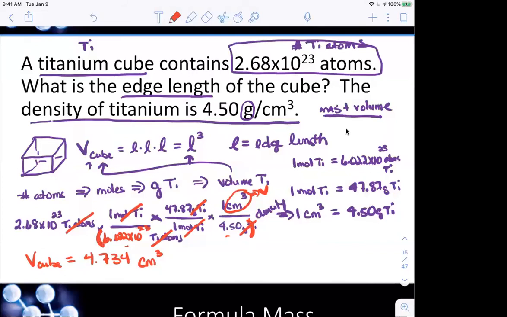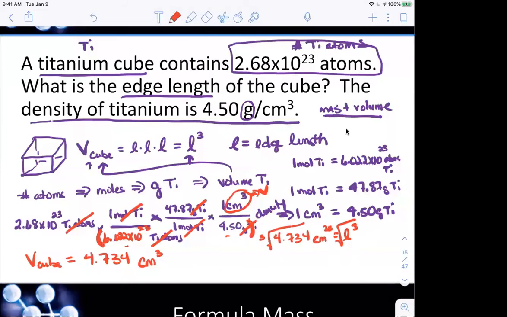Now, what is L? Well, I have 4.734 centimeters cubed is equal to L cubed. So what I'm going to do is take the cube root of that. On my calculator, I press math and go down to number 4, which is the cube root function.